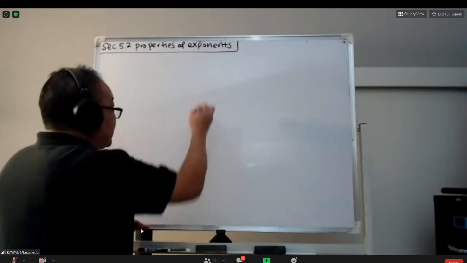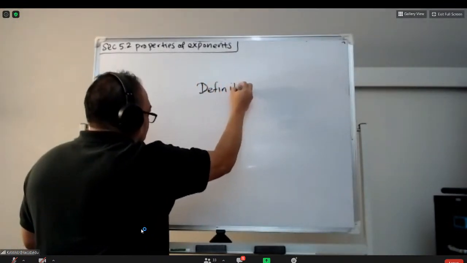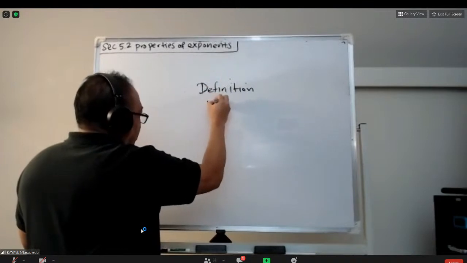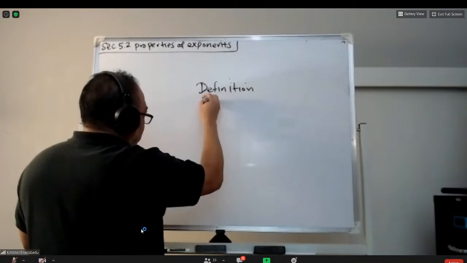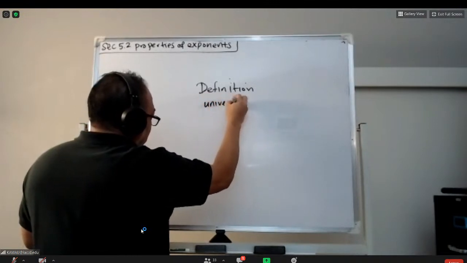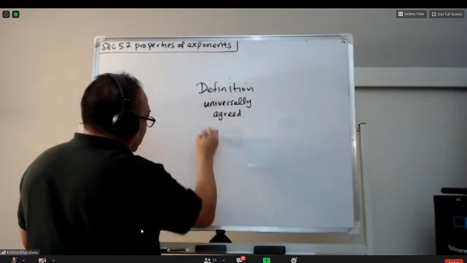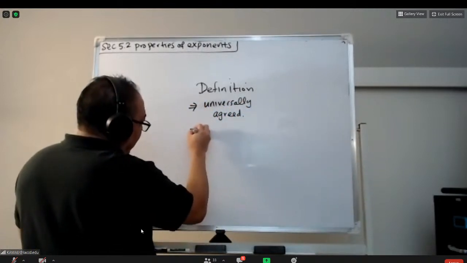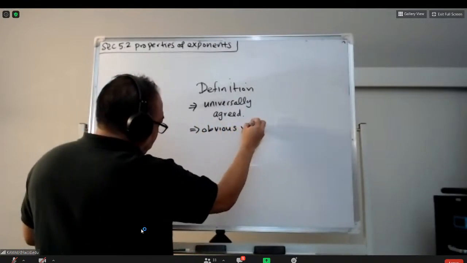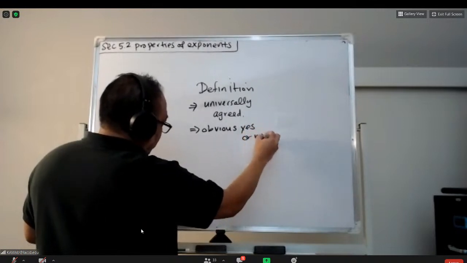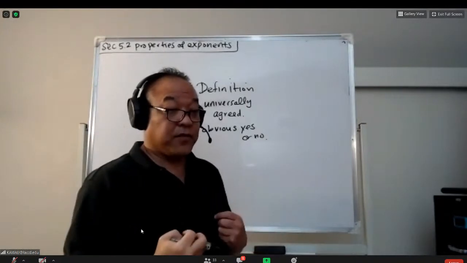So in math, a definition has to be universally agreed upon, and it has to be an obvious yes or no. So in mathematics, we don't argue about definitions.